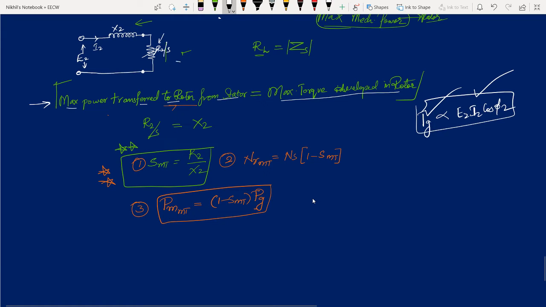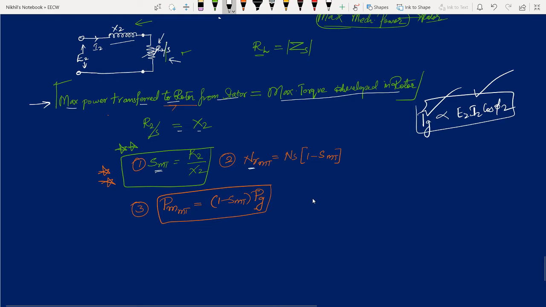Now you see here your load is resistance, but your circuit has some impedance component. So RL will be equal to the magnitude of the impedance. What is your RL? R2 by S equals X2, and you got the condition where you will get maximum torque developed. The slip for maximum torque developed is R2 by X2, and you are very well aware of this equation.